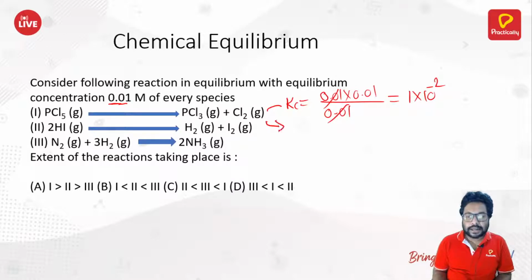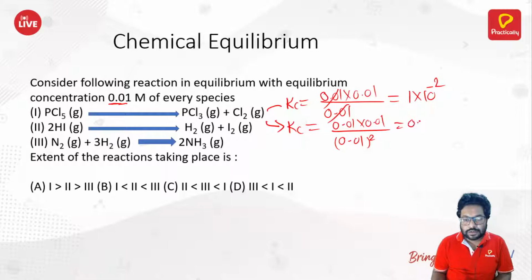Now, the second reaction. For the second reaction, H2 into I2 divided by HI square. That means 0.01 into 0.01 divided by 0.01 square. And at the numerator also you have 0.01 square, right? So 0.01 square divided by 0.01 square cancels, you get the value 1.